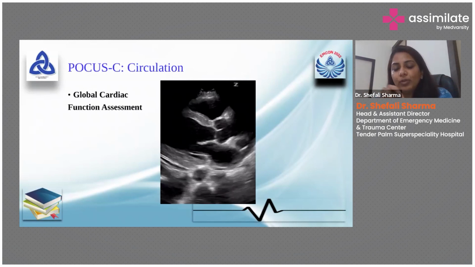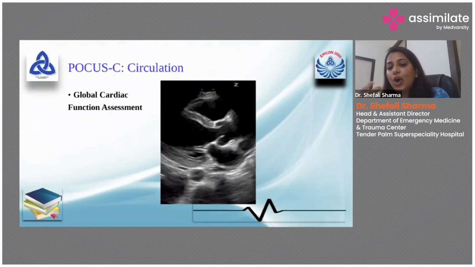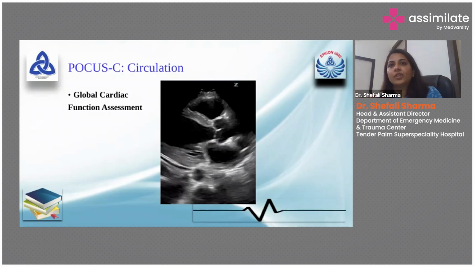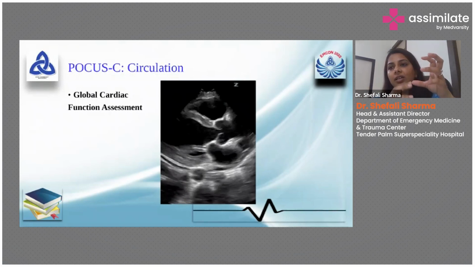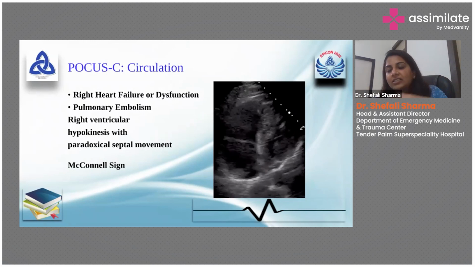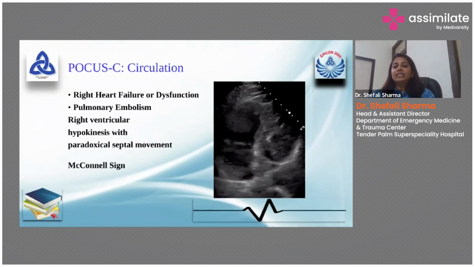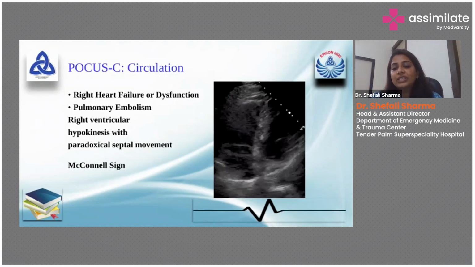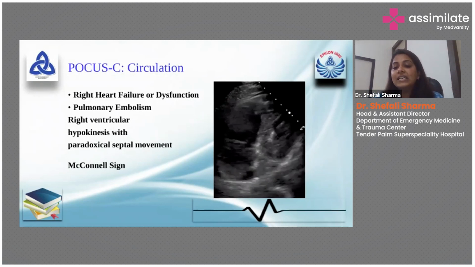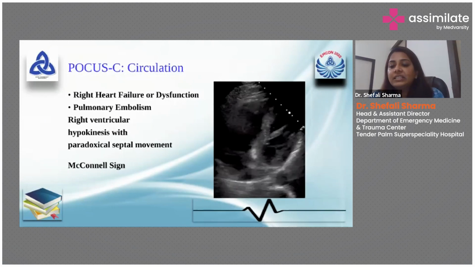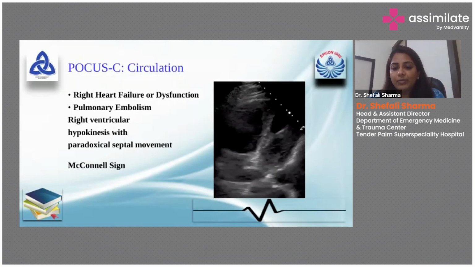Now, when you rotate the probe in the same position after getting the PLAX, toward the left shoulder, you get a short axis view where you will see the left ventricle and the right ventricle, and in that short axis view you will be able to see whether there is any regional wall motion abnormality, to see which portion of the left ventricle is not working or is hypokinetic.